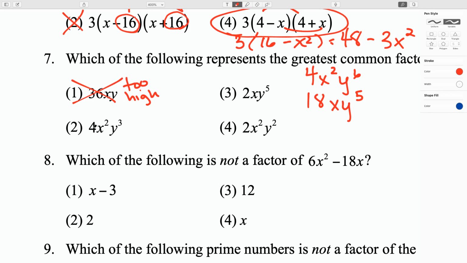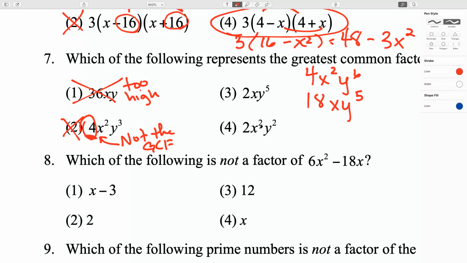Now, is 4 the GCF of 4 and 18? Well, I know 4 times 4 is 16, so I know 4 cannot go into 18. So it's not choice 2 because 4 is not the GCF. So now let's look at choice 3 and 4. We know the 2 is correct because 2 is the GCF of 4 and 18.